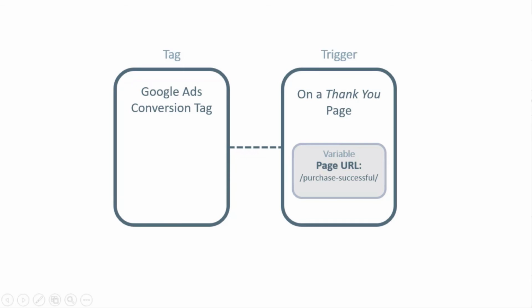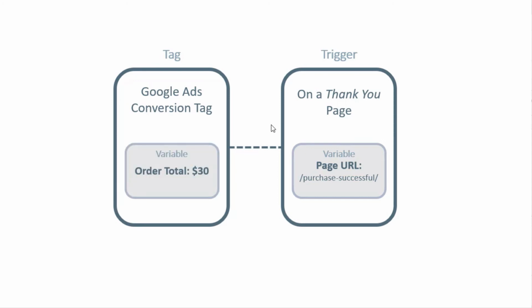Now you might be wondering, all right, this might look quite clear. You can probably understand why this variable is used right here, but what about a variable in a tag? What kind of variable can we use in a tag? An example could be like this. What if we could send not only the fact of a conversion to Google Ads, but also the order value?